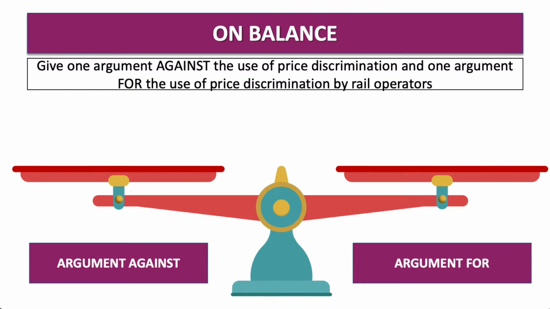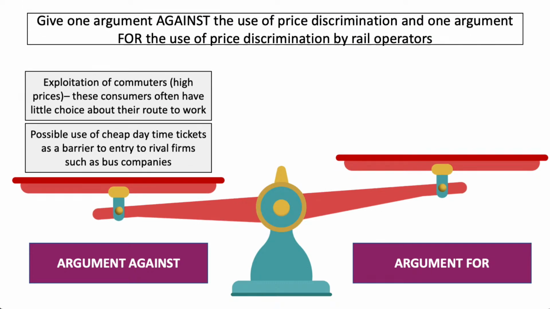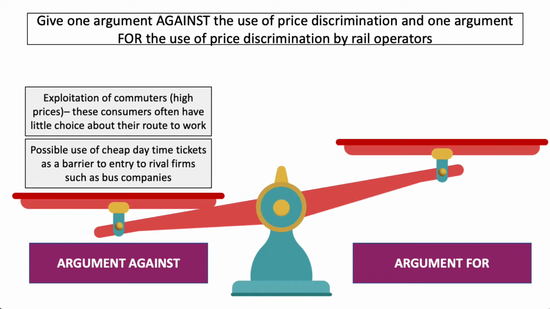Okay, let's have a think about arguments against for rail operators. So, possible use of cheap daytime tickets could be a barrier to entry to rival firms such as bus companies. So that's quite an interesting one, isn't it? Thinking outside of just the trains and the rail industry, thinking about substitute products, bus companies.